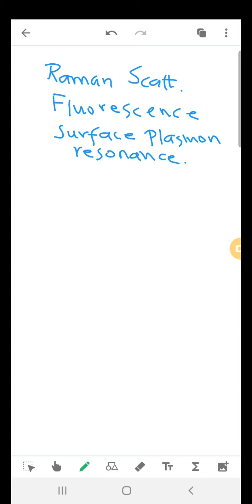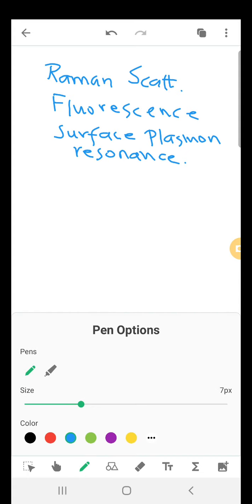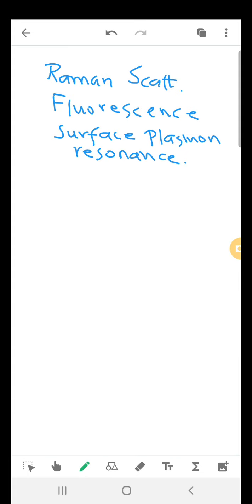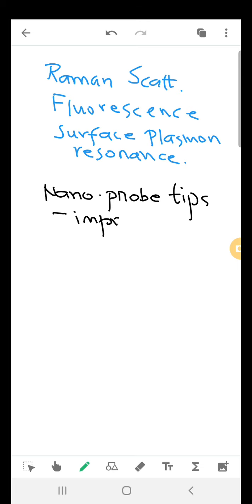And also it has been seen that nanostructured probe tips can improve the resolution of near field nanoscopic imaging tools.